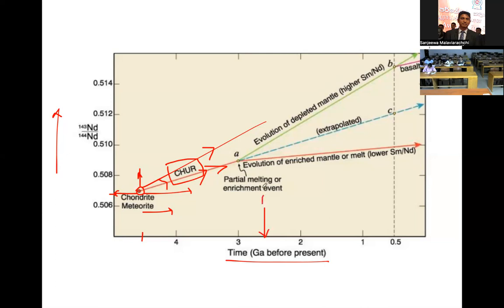What happened? It is not mentioned here actually. What happened? The continental crust was also formed, right? Sorry, we have to delete this part. Continental crust was also formed, right? Was the continental crust enriched or depleted in neodymium?